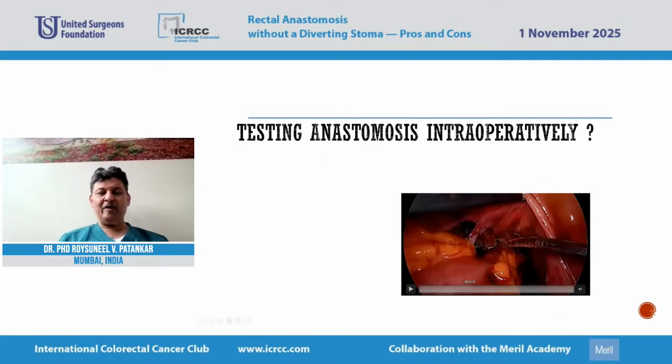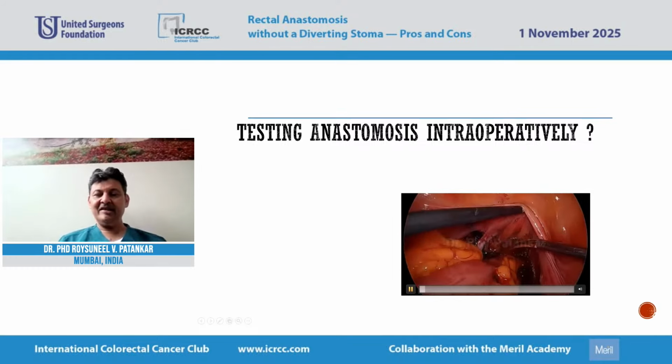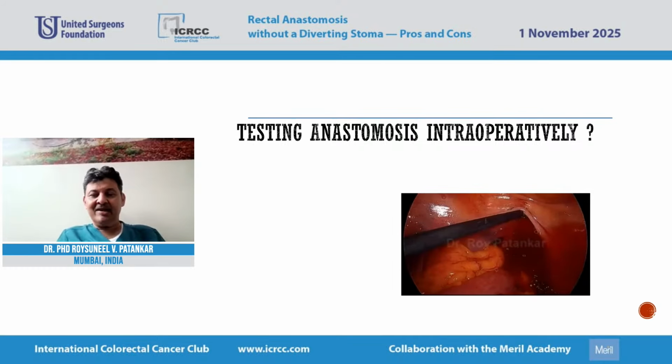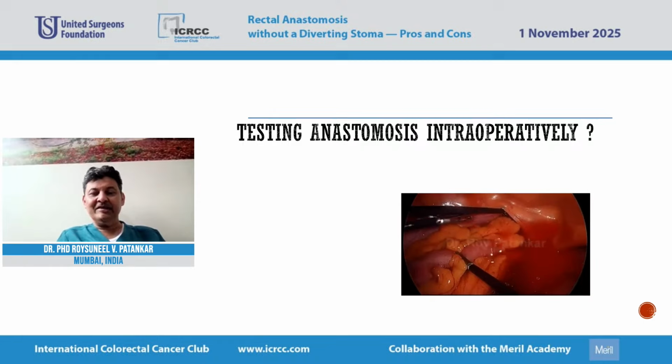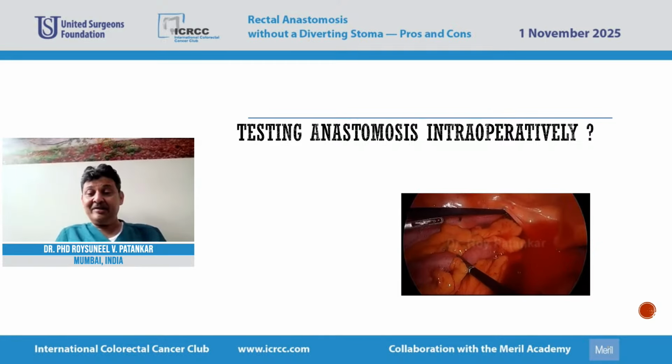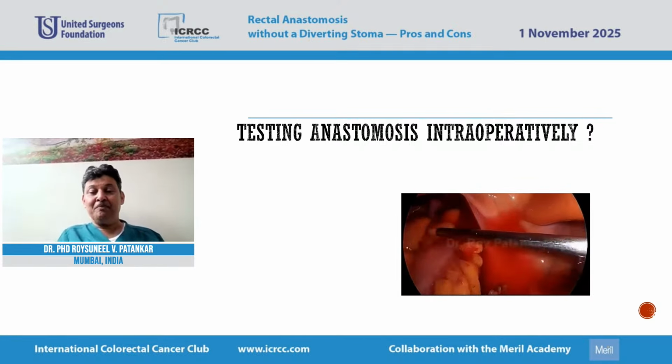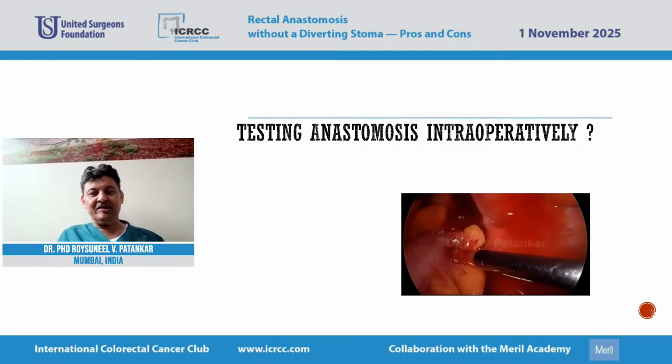The next question that I'm often asked is, should we test our anastomosis intraoperatively? And this is one of my more recent LARs where I'm putting a clamp on the rectum above the anastomosis, and you can see the bubbling coming out. And interestingly, this bubbling was proximal to the anastomosis, where my associate surgeon was holding the sigmoid colon.